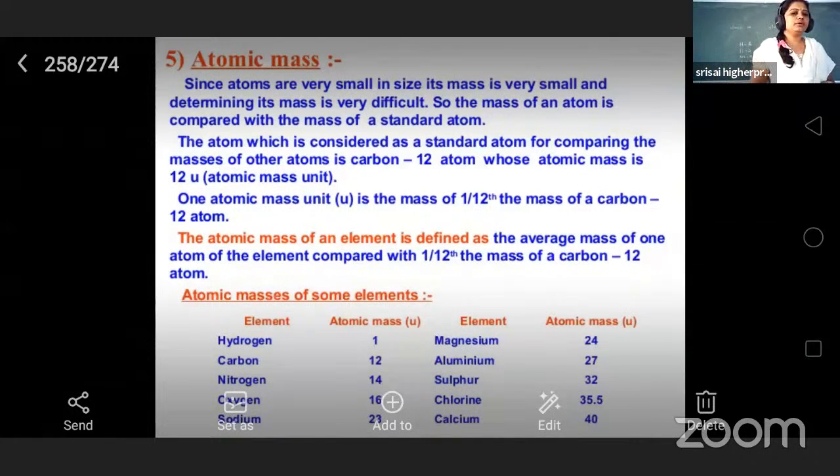You can check it in the periodic table. What is the atomic number of sodium, student? Okay, you take oxygen, 8 is there. The atomic mass is double of that, 8 means 16. Sodium 23 is there. What is the atomic number? 11.